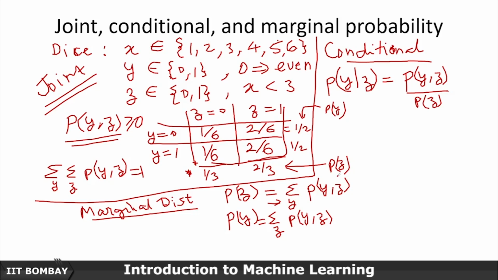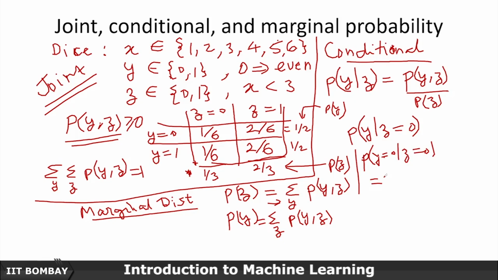So, now based on that we can define the conditional distribution. What is P of y given z is equal to 0? If we know that the number is less than 3, then what is the probability that we got an even number versus the probability that we got an odd number. So, let us look at the even number. Let us look at P of y equal to 0 given z is equal to 0.